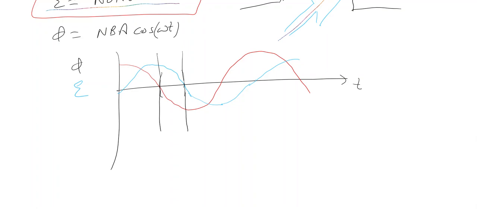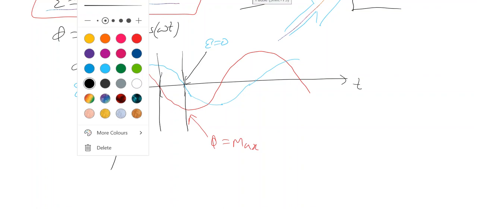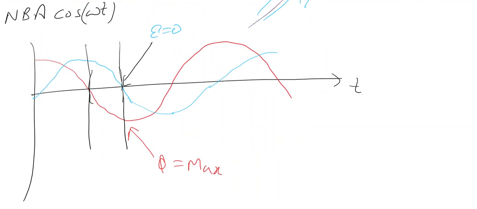When EMF is zero, at that time flux is maximum, and when flux is maximum, at that time EMF is zero.